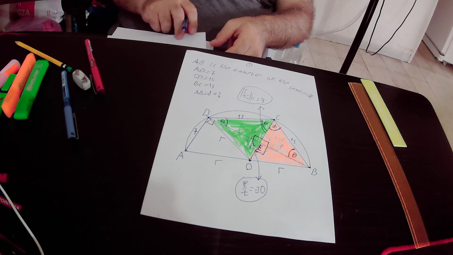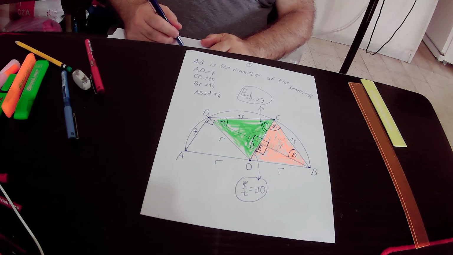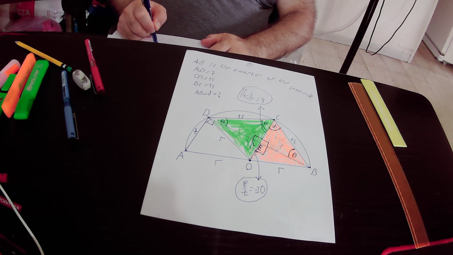So if the radius equals 12.5 units, then the diameter of the semicircle, that is actually AB, equals 2 times the radius, and 2 times 12.5 is 25 units.